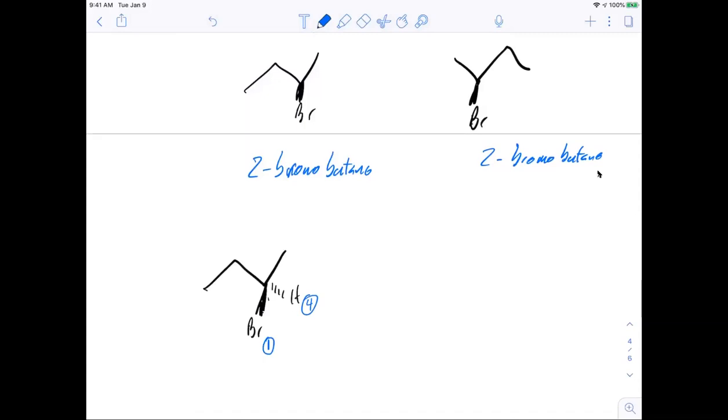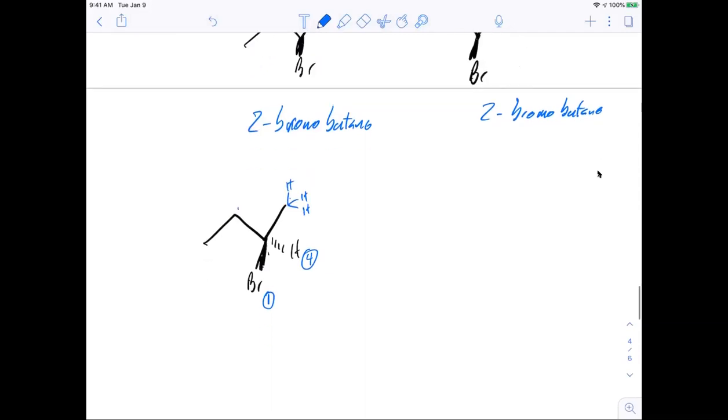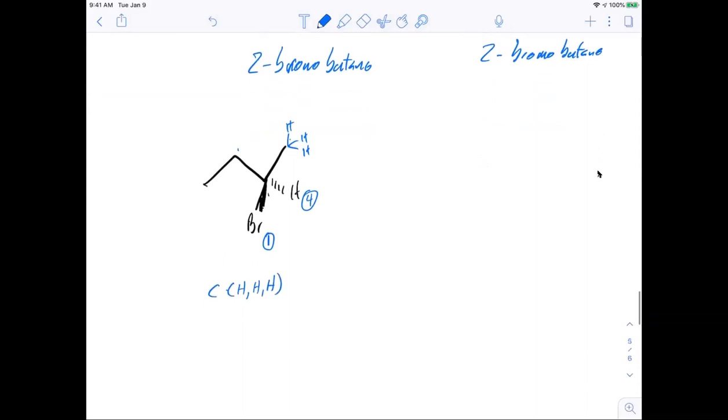Then we're going to look, and we have a carbon and a carbon. This carbon is attached to 3 hydrogens. So the way we look at that is we have a carbon that is attached to 3 hydrogens. And then the other carbon, so let's call this carbon 1.